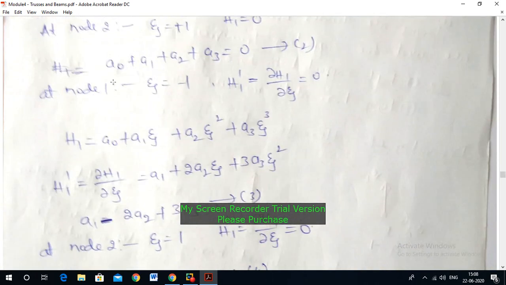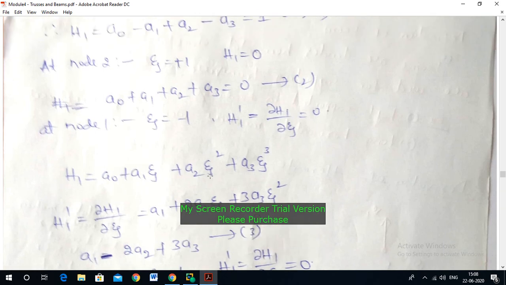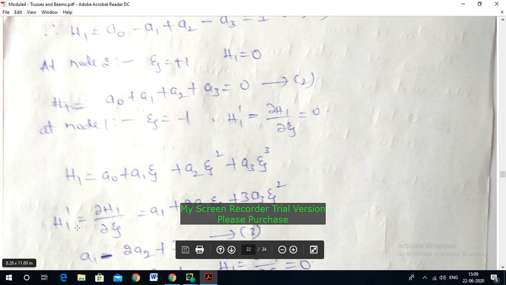And next, if zeta is equal to minus 1, h1 dash is equal to del h1 by del zeta is equal to 0. Therefore, h1 is equal to a0 plus a1 zeta plus a2 zeta square plus a3 zeta cube, but I want the derivative of h1.